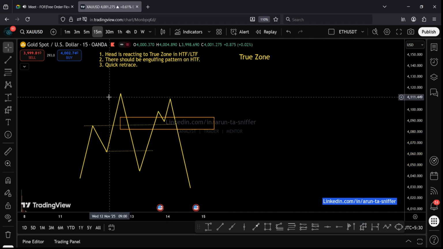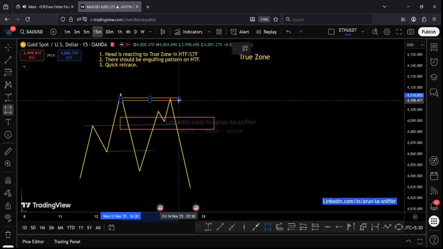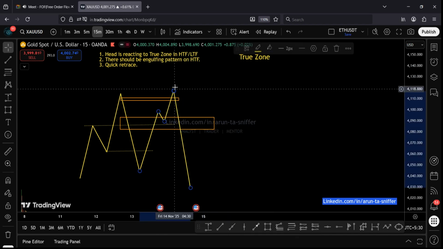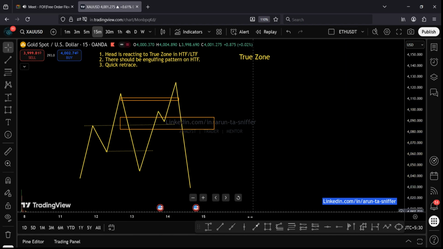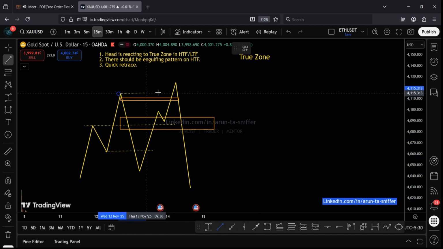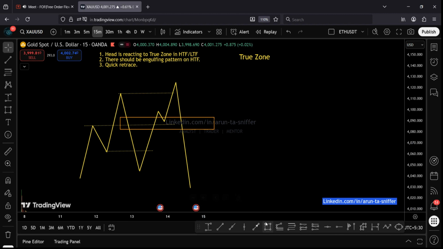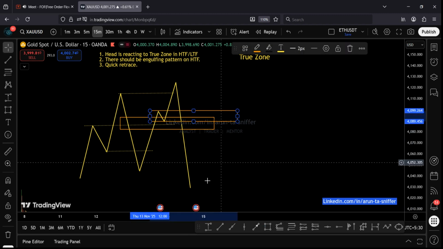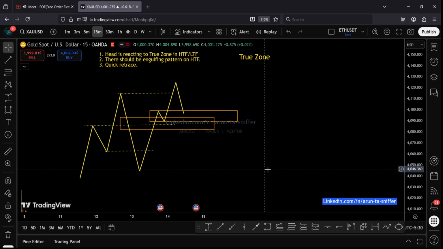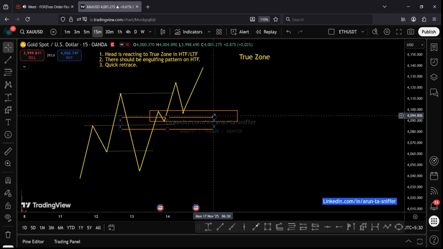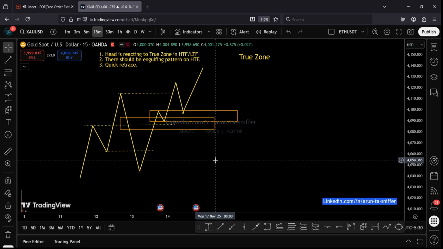On lower time frame there may be a lower time frame QM and price was reacting to this area. So to trade the IQM you should always wait for the price to cross this higher high, and then when the price comes back, you can trade this IQM. Okay, any other question? No.